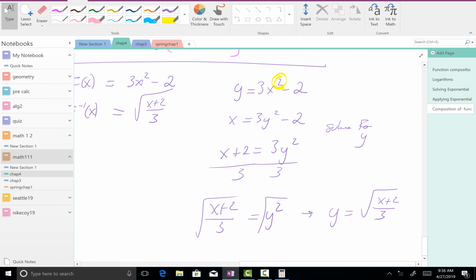Okay, so if that was y squared equals 8, and you square rooted both sides, then you know that your answer is going to be plus or minus 8. All right? But notice I didn't put that there. So why didn't I?